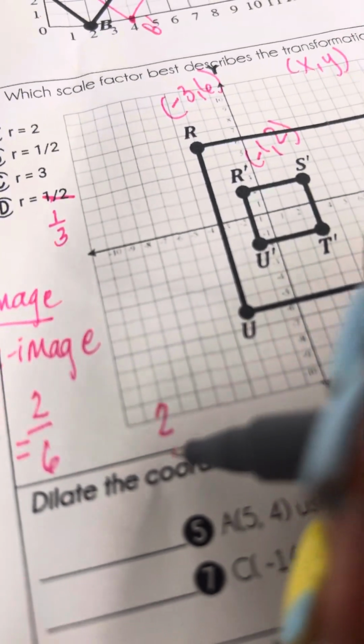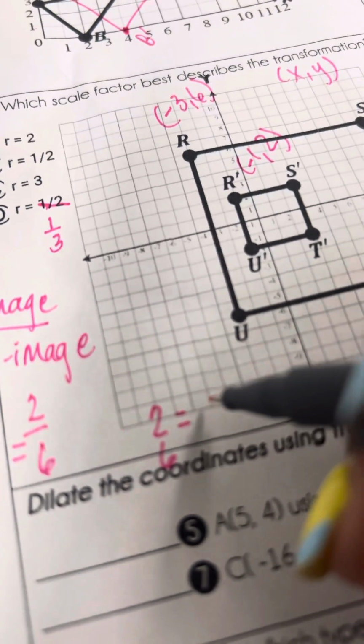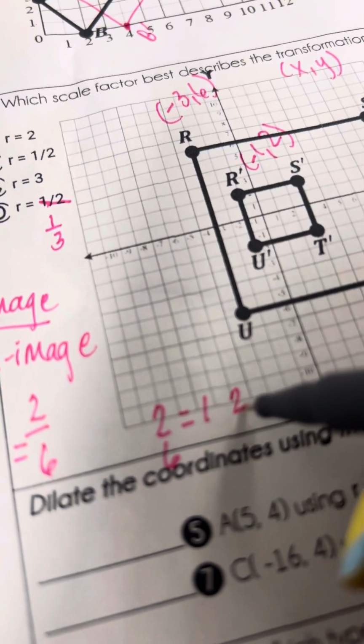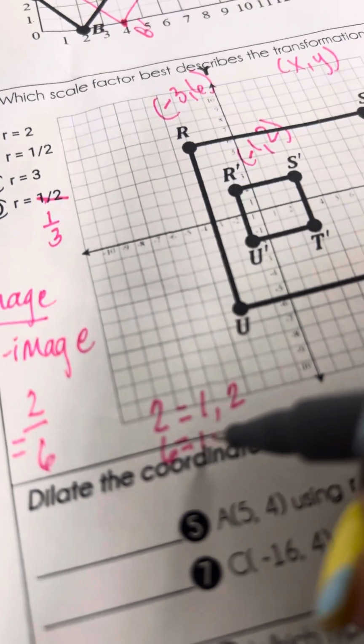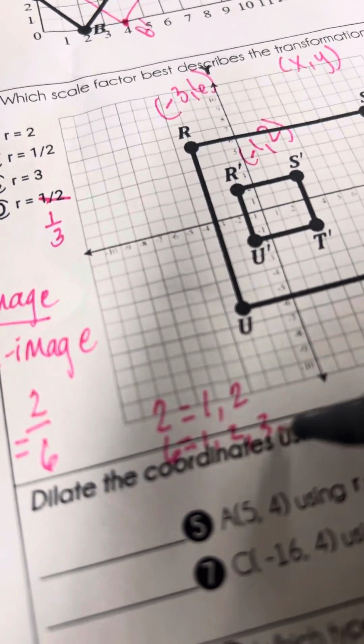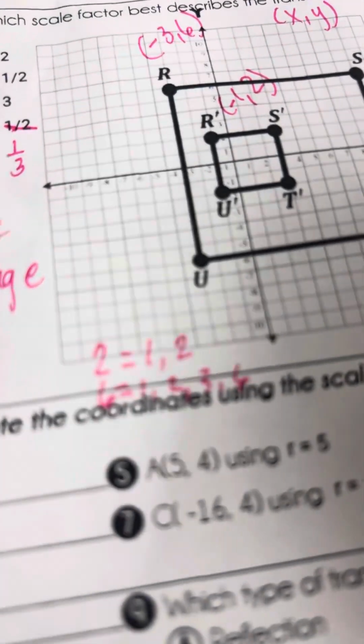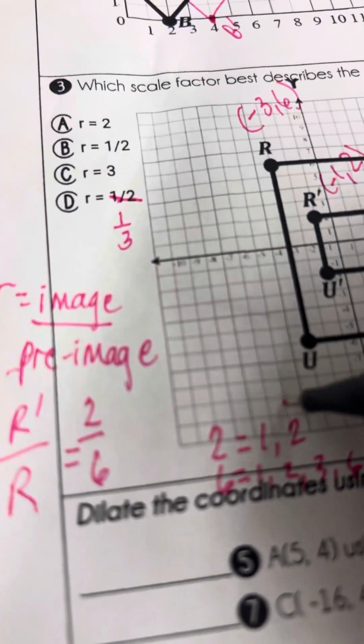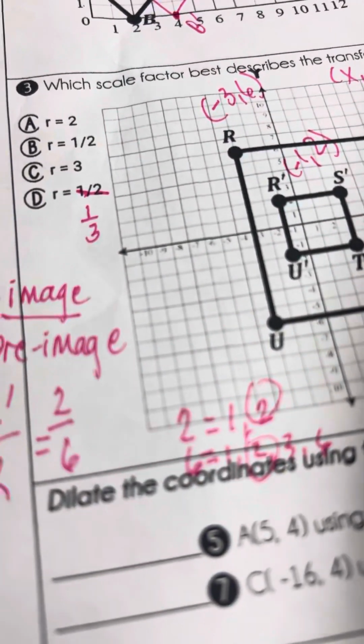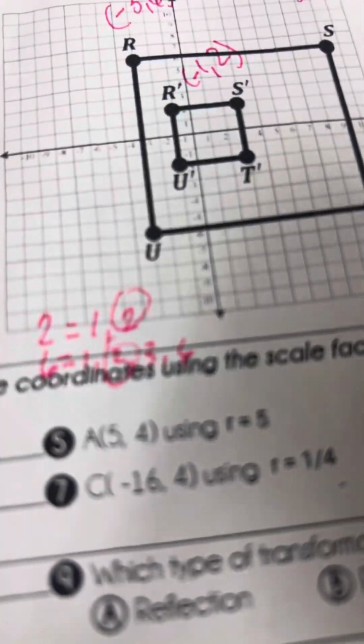The greatest common factor: the factors of 2 are 1 and 2. The factors of 6 are 1, 2, 3, and 6. The greatest factor that they both have in common is 2. So 2 is my GCF, my greatest common factor.